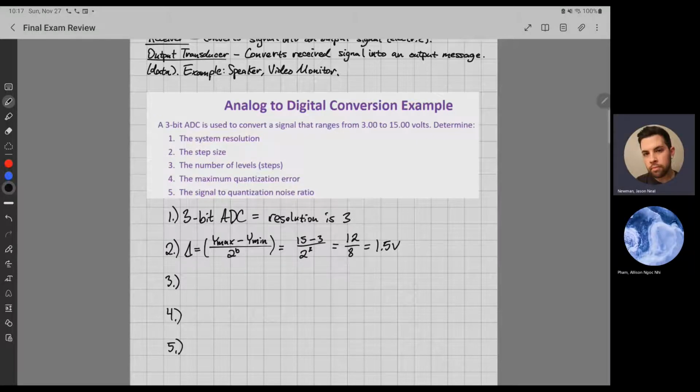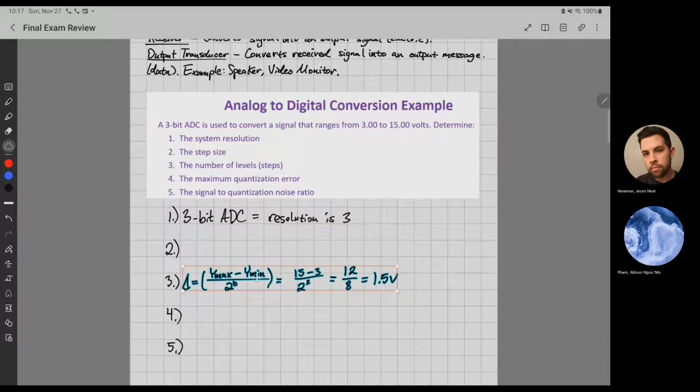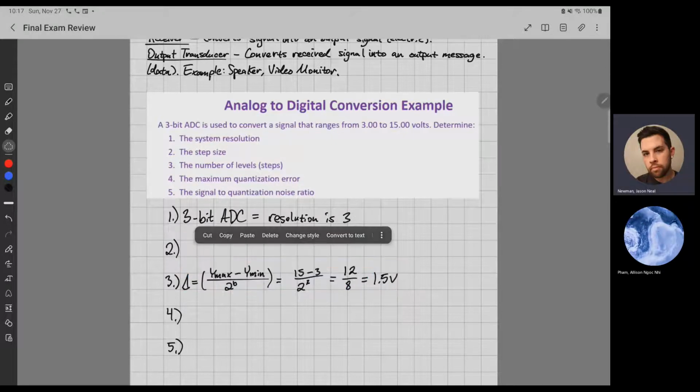Okay, let's do the next one. Oh wait, did I do these backwards? The number of steps. I did step size. I did those backwards, sorry. This is actually number 3. The step size is what I showed you on the graph, not the number of steps.